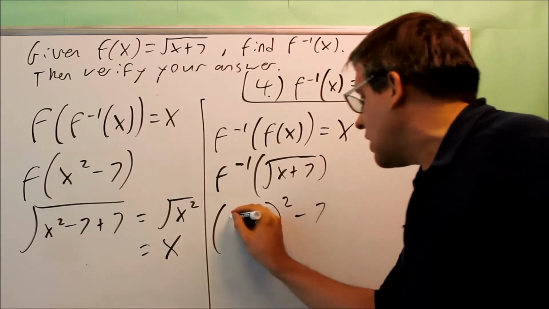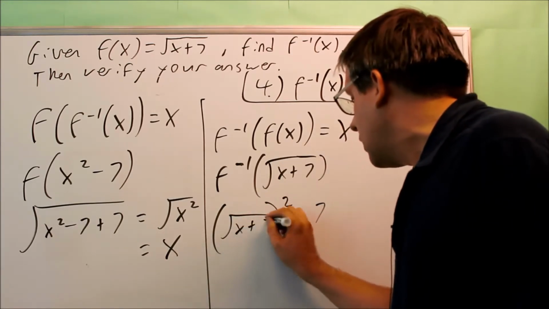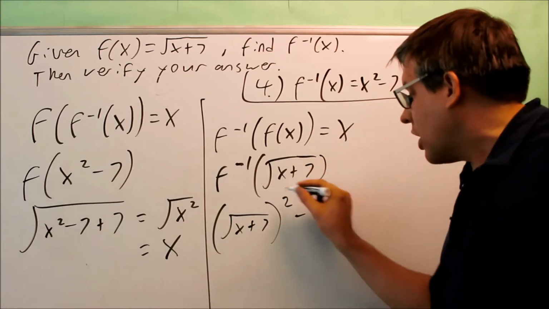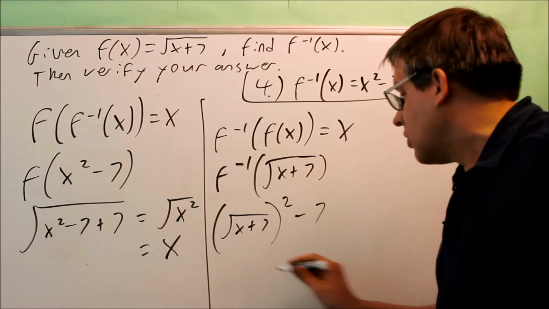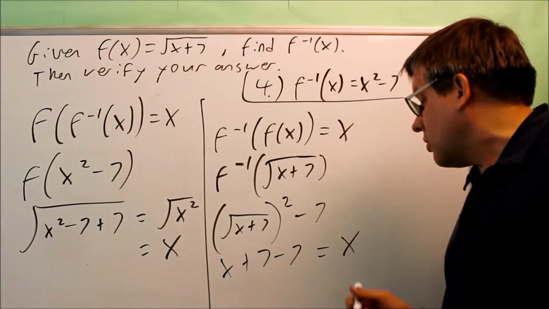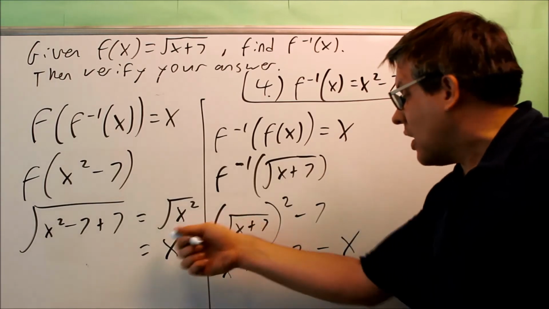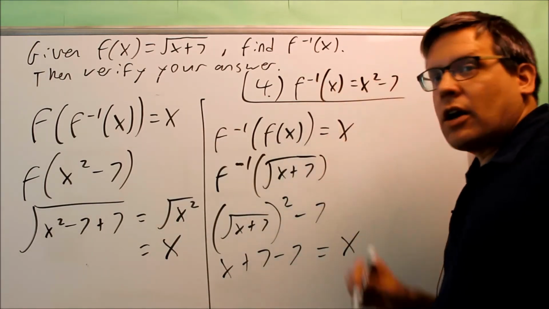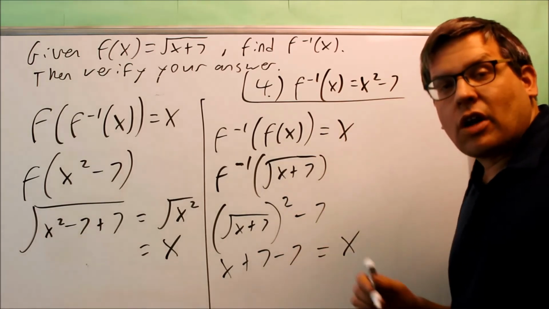The space inside gets filled in with the square root of x plus 7. That's what's inside the parentheses. The square takes care of the radical, and I get x plus 7 minus 7. That also simplifies down to x. So since I got x for both sides, I verified that what I got earlier, x squared minus 7, is the correct inverse.